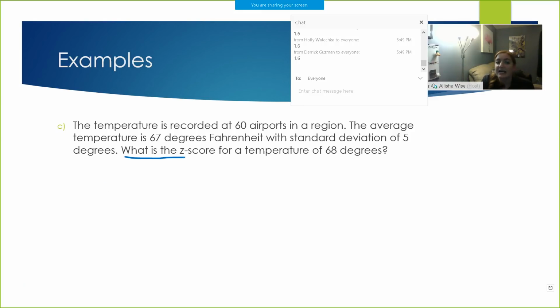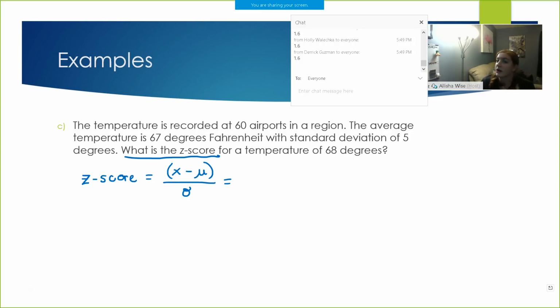So it's asking, what is the z-score? What does that tell me? When it says, what is the z-score? I know I've got to use the z-score formula, which is x minus mu all over sigma. Okay. Now let's fill in the information.